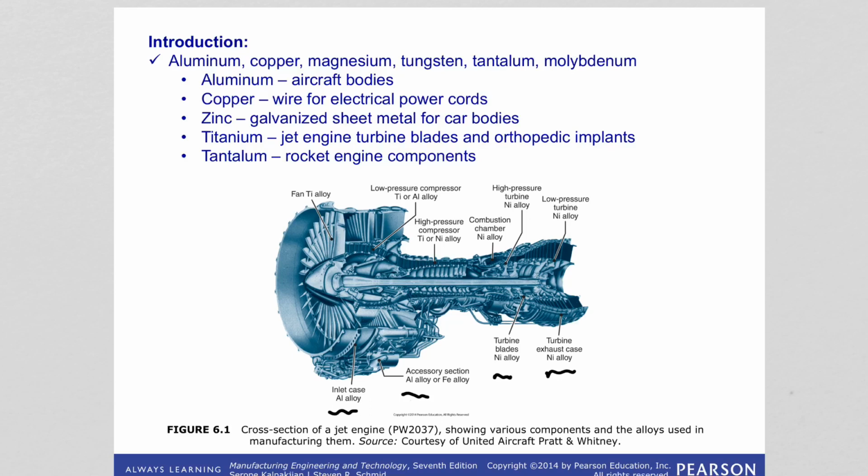Galvanized means a protective coating, okay? And titanium in jet engine turbine blades and biomedical implants. Tantalum in rocket engine components. So these are the common applications for these non-ferrous metals and their alloys.